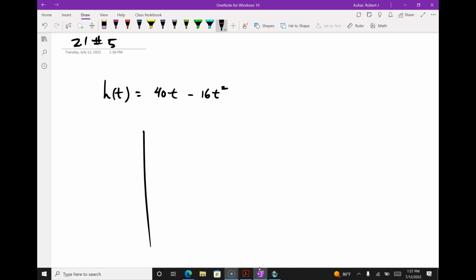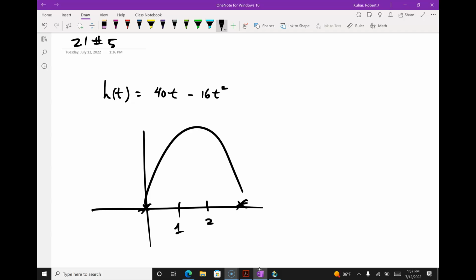What's it look like? Yeah, quadratic, right? I think 2 is about here. And they want the tangent line at 2, right? They want that slope at 2.